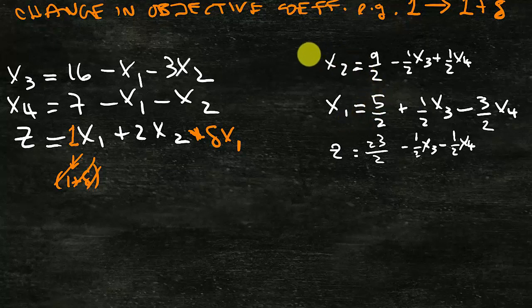When we arrive at x2 or x1, we're always combining x3 and x4. These are being combined in different ways, going through iterations. Different variables come in, different variables go out. The z equation is always a consequence.